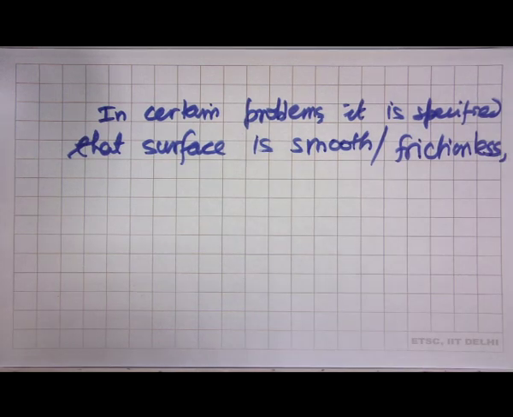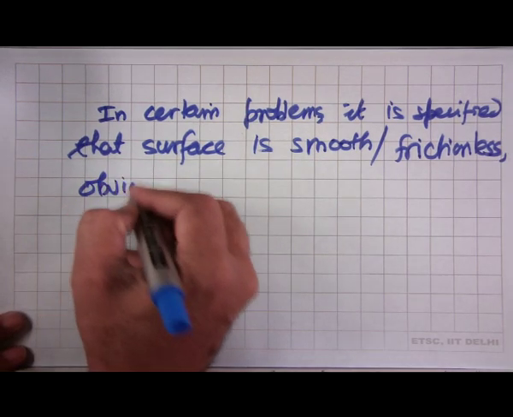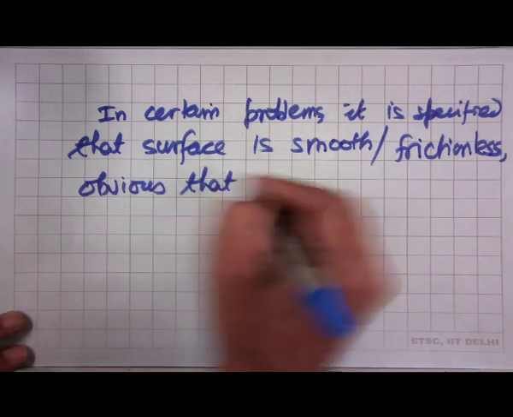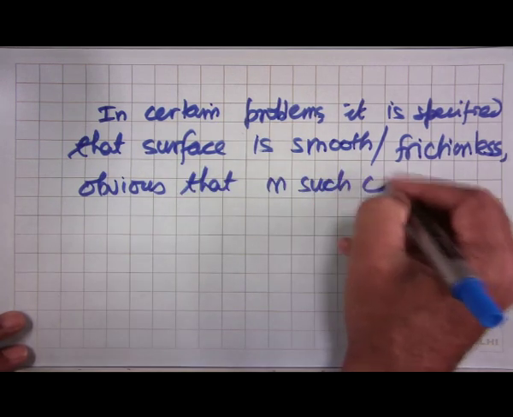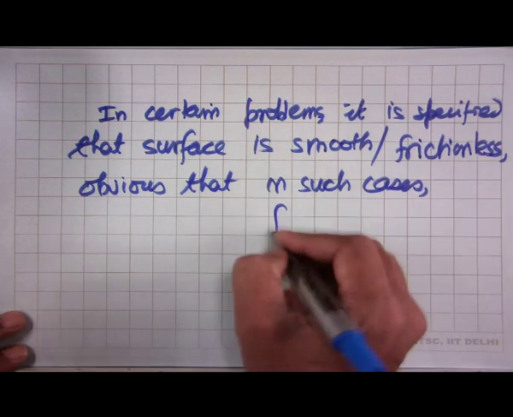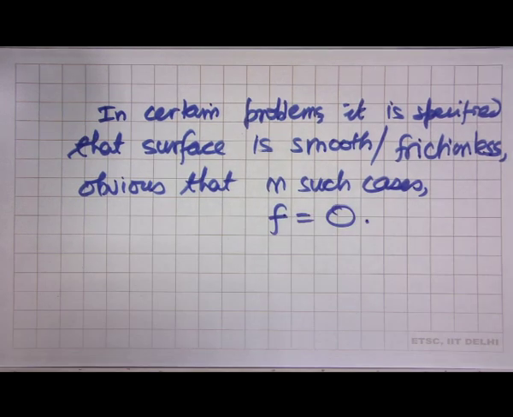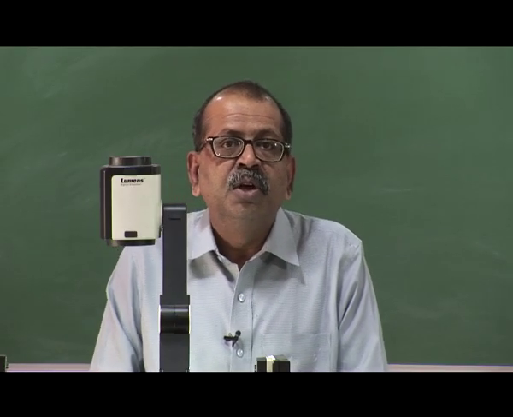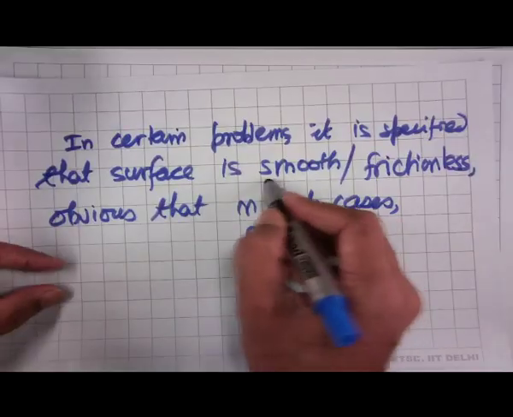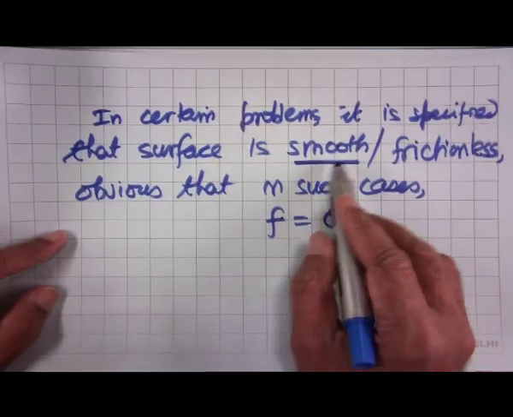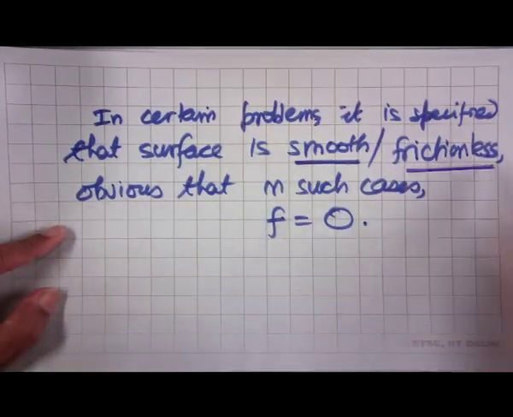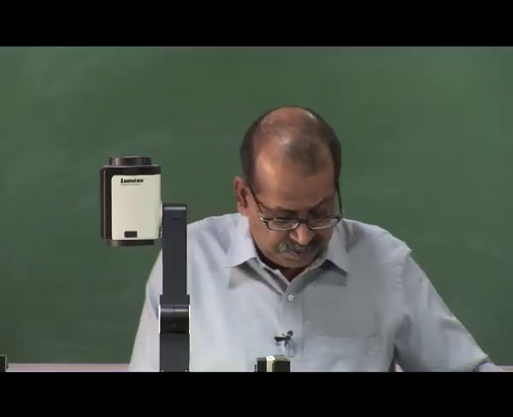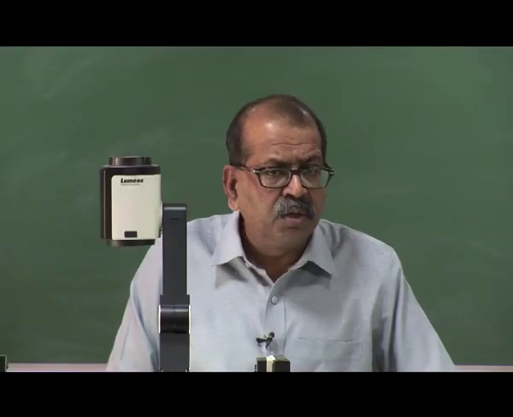If that is so, then it is very obvious that in such cases the friction force will be taken to be 0. And so, probably then one of the forces or accelerations will be the unknown for which you will be solving. So, the typical words used are that the contact is smooth, or the surface is smooth or frictionless would be given to you. Now, this was about the friction side.